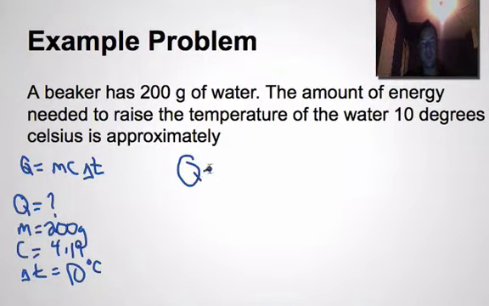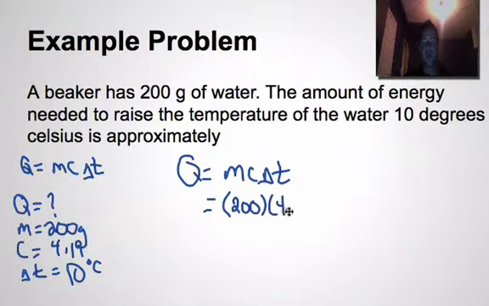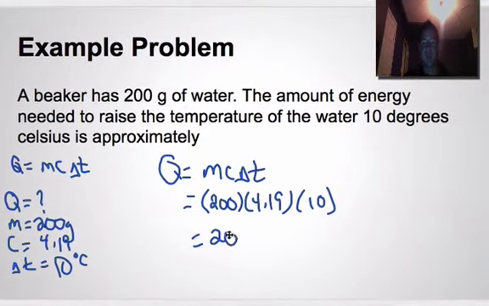So Q equals mc delta T is going to equal 200 grams times 4.19 times 10. First I'll start with 200 times 10, which is 2000, times 4.19.